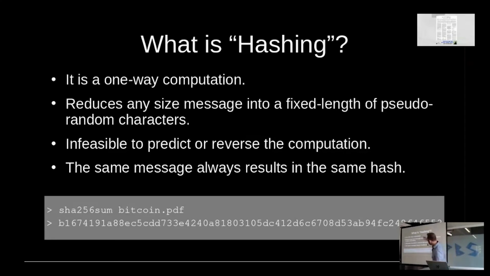Also, it's a one-way computation in the sense that obviously this number is a lot smaller than the white paper, so there's information that is lost. You can't reverse this. This only goes one way. This is useful because let's say I'm not hashing something obvious.